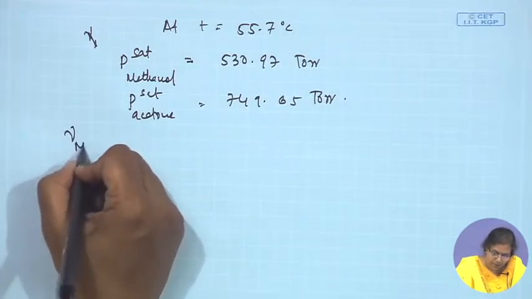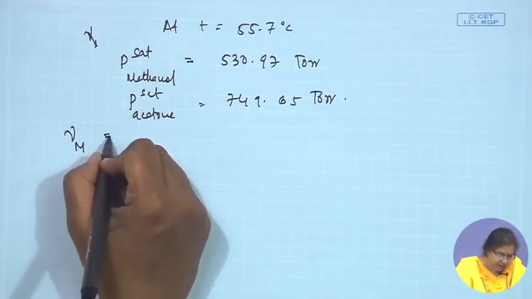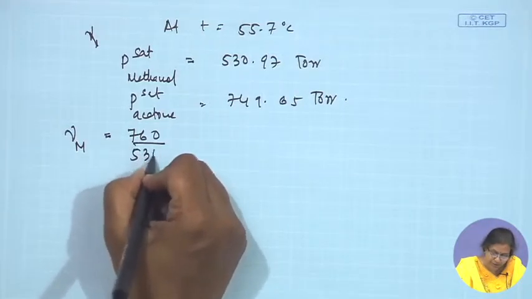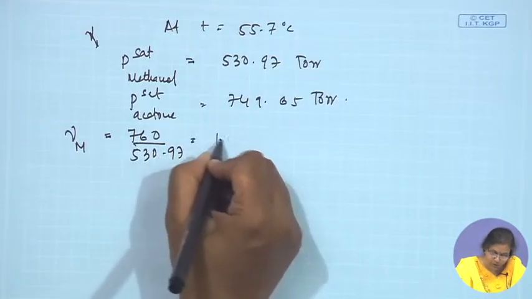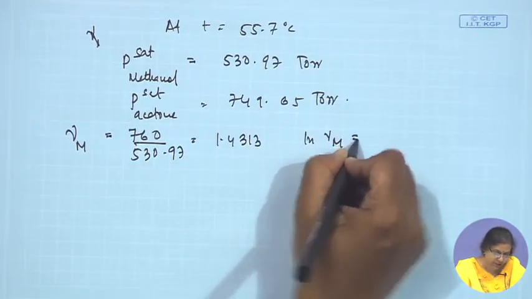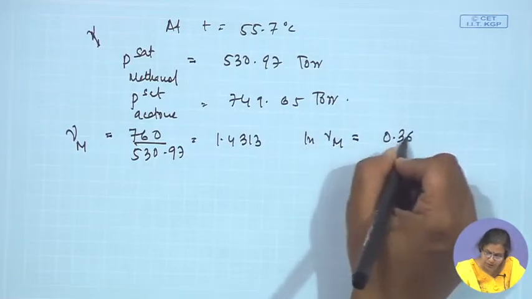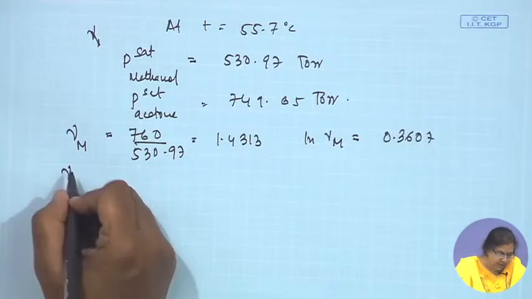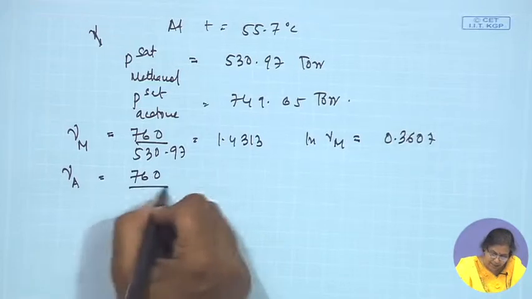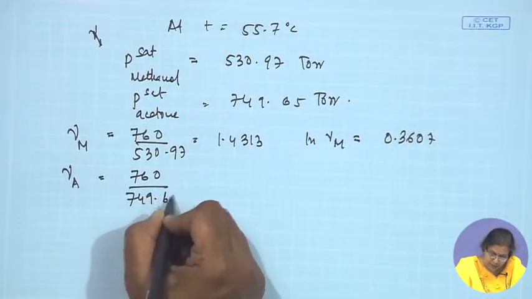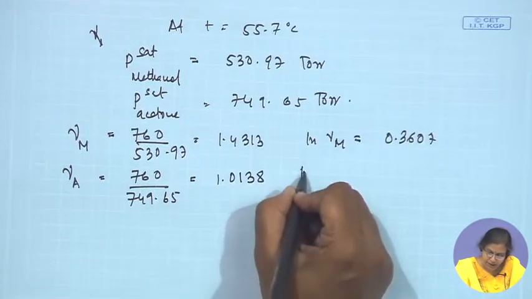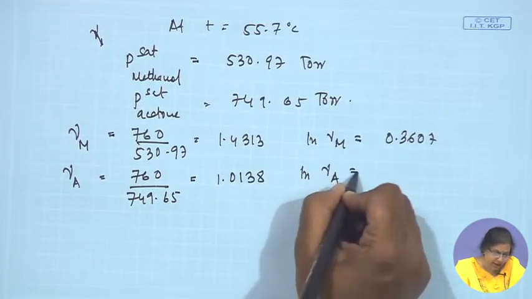What is gamma methanol, say, under this particular condition? This becomes 760 by 530.97, which is 1.4313, which gives ln gamma methanol as 0.3607. Similarly, for the acetone case, we get 760 by 749.65, which gives us 1.0138, which gives us ln gamma acetone as 0.0137.